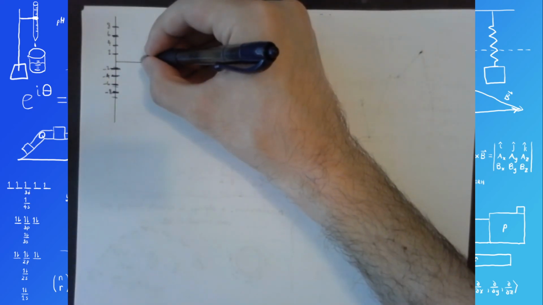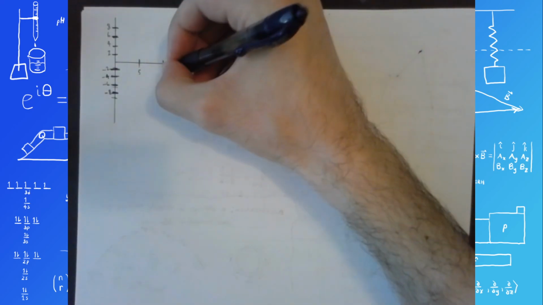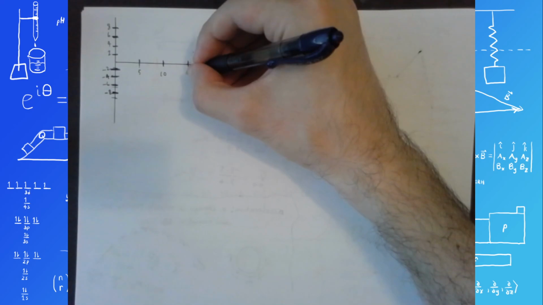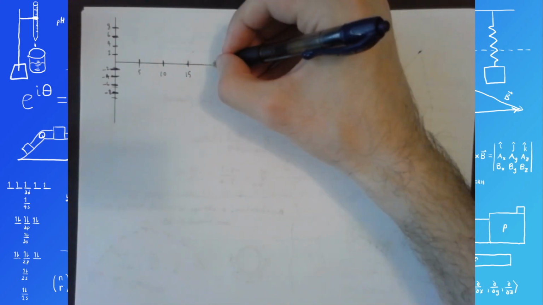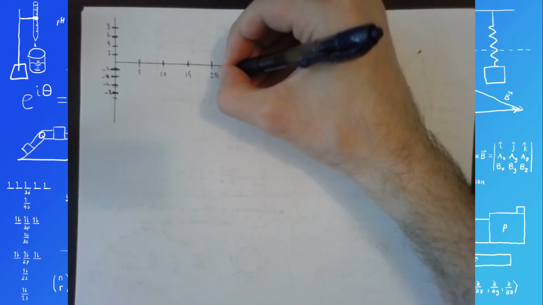Okay, and then we have time. They just count by fives, it looks like. So we've got a 5-second mark over here, then a 10, a 15, and about here a 20.